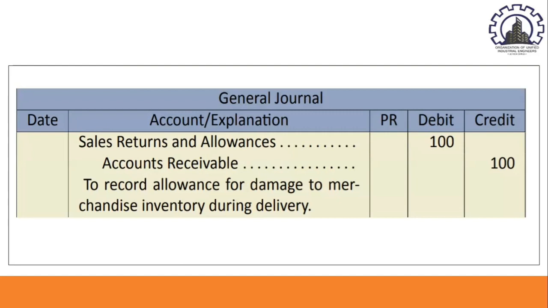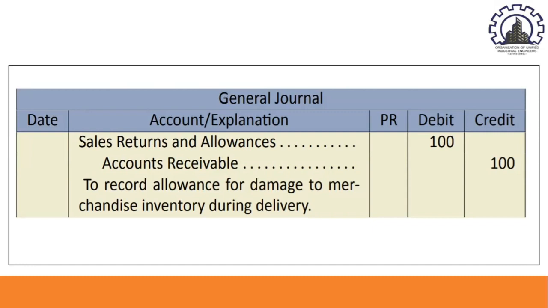Now, take note that accounts receivable is credited because the original sale was made on account and has not yet been paid, right? Now, the amount owing to the customer is reduced to $3,900 instead of $4,000 because the customer, like I said earlier, was given a sales returns and allowances amounting to $100.